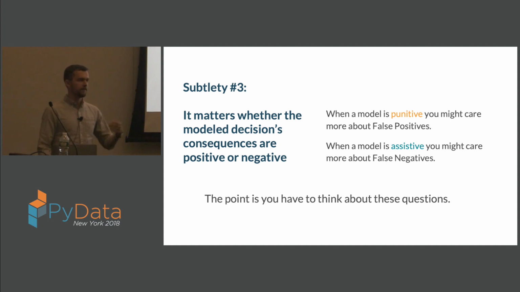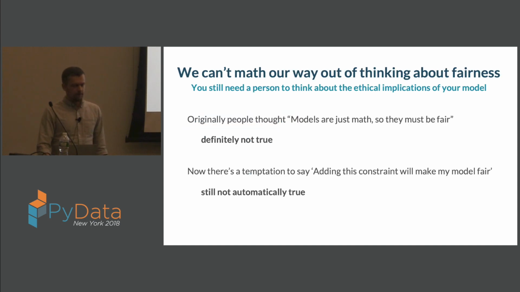Similarly, if your model is assistive, handing out something good, I could see you caring more about false negatives, not wasting your resources on people who don't need the benefit that you're handing out. I'm not saying this is the only way to think about punitive and assistive models. I could see compelling cases for other arguments, like caring about other outcomes. But the point is that you have to think carefully about this question. You have to think about what the consequences of your model are, and that can inform what kind of errors matter to you.